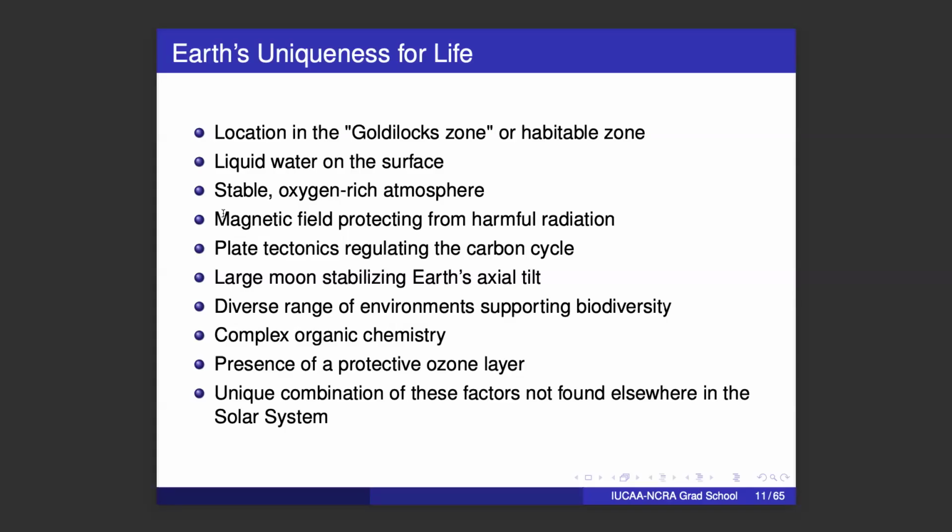Therefore, UV radiation could freely hit the surface. But now we have that ozone layer. All of these factors together are not found anywhere else in the solar system for sure. And one of these, a stable oxygen-rich atmosphere, we have not found anywhere in the universe or in our galaxy as we have searched.